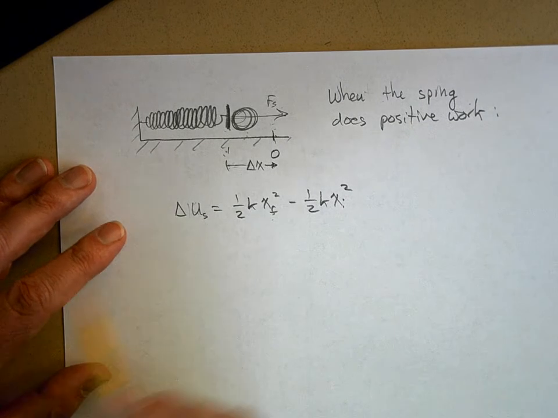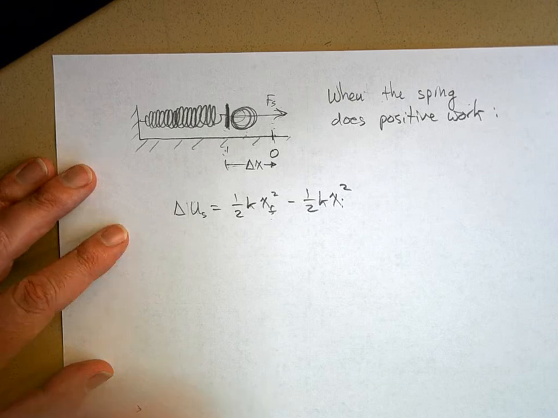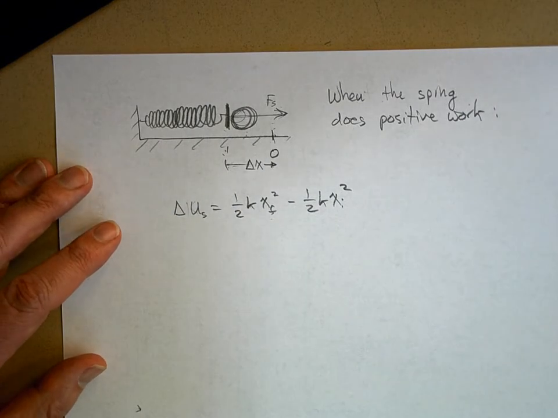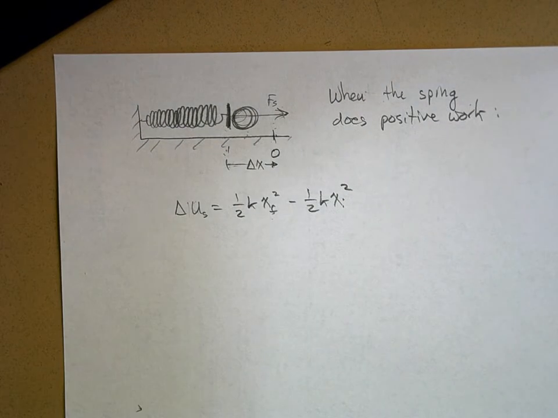So if the spring is doing positive work, we're losing elastic potential energy. But if the spring is doing positive work, it's adding kinetic energy.